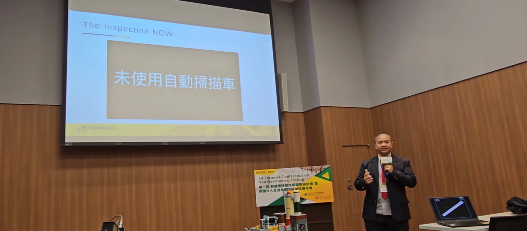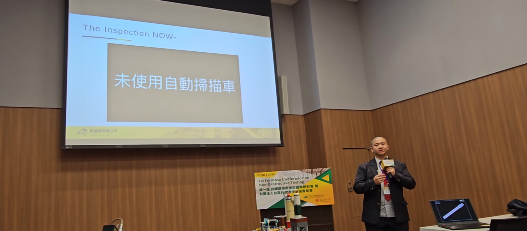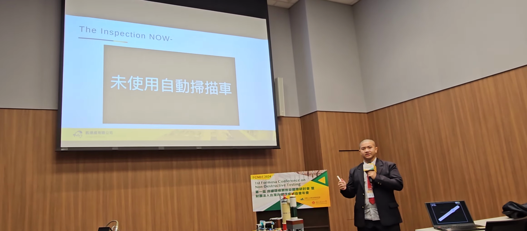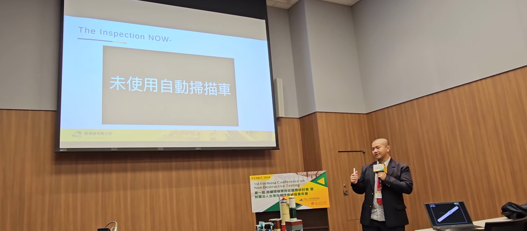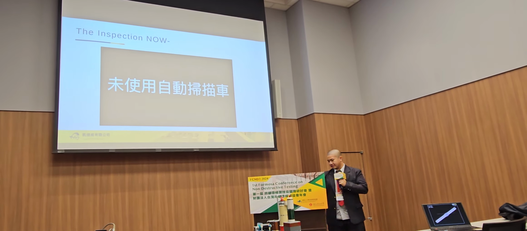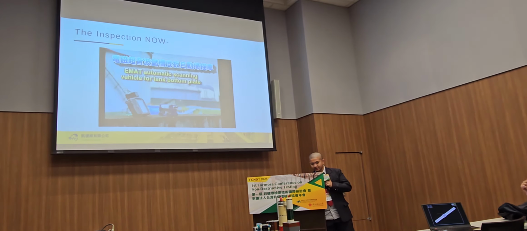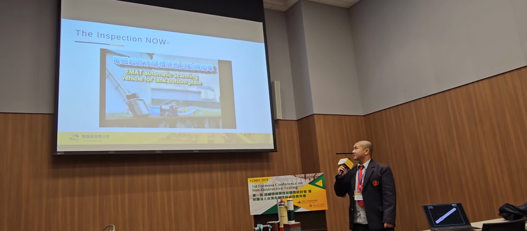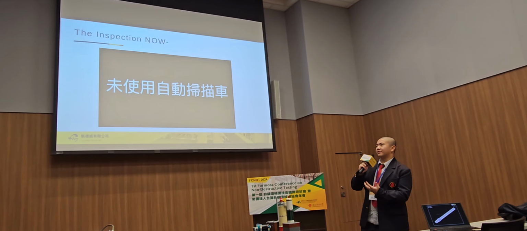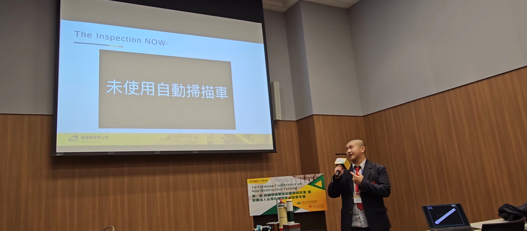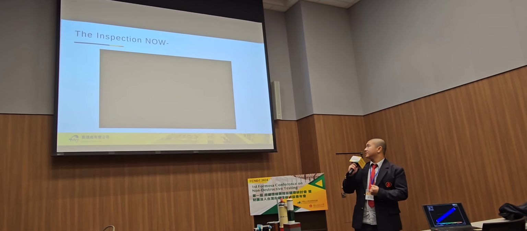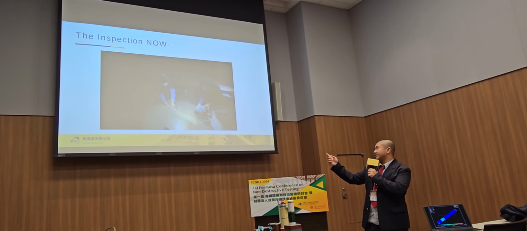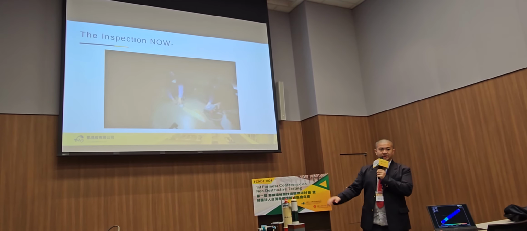And now let's see videos of the inspectors doing the inspection without using our automatic scanning vehicle and using our automatic scanning vehicle. So this is before using our automatic scanning vehicle. The inspector is going to use their hand to push the transducer.